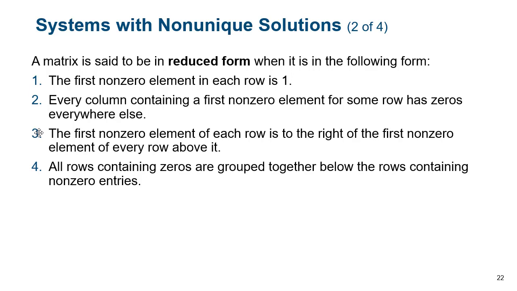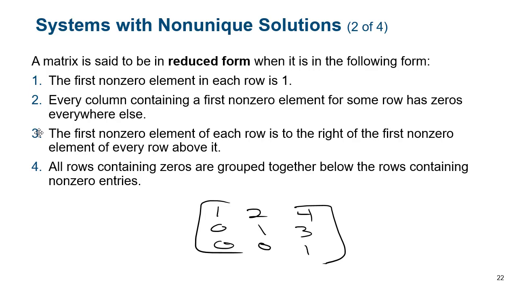And then things behind it could be other things, right? So, for instance, let's say it's a 3 by 3, and this was 1, 2, 4. Well, that's still reduced, right? And then 0, 1, 3, that's reduced, and then 0, 0, 1. So this is technically reduced.